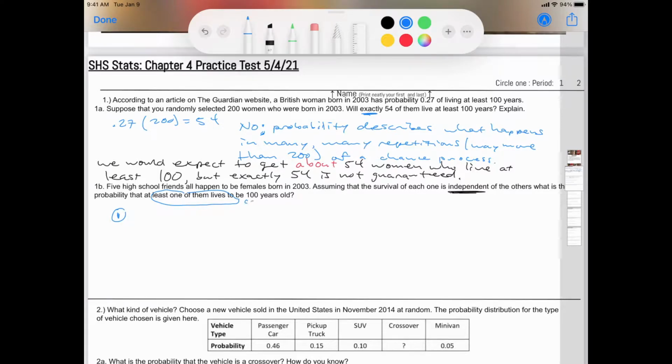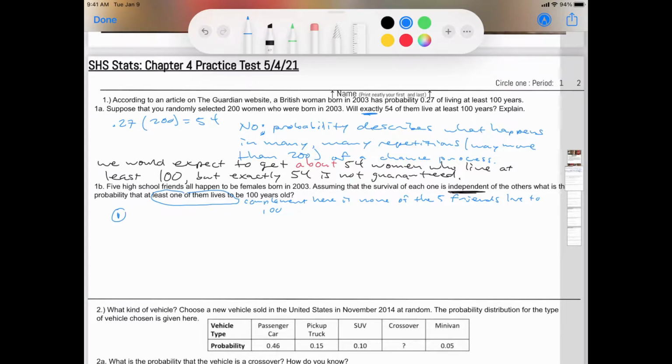When you see the word at least, you should think of the complement. Here is none of the 5 live. So let's just do the quick complement rule and then we'll figure out another way of doing this.